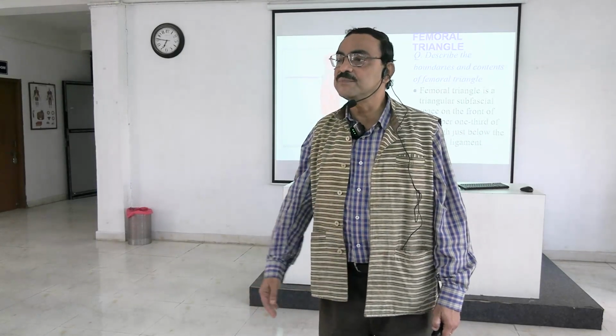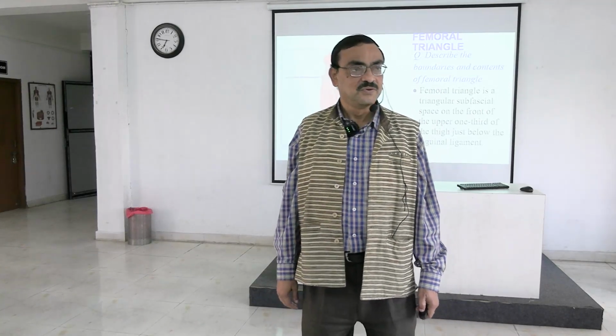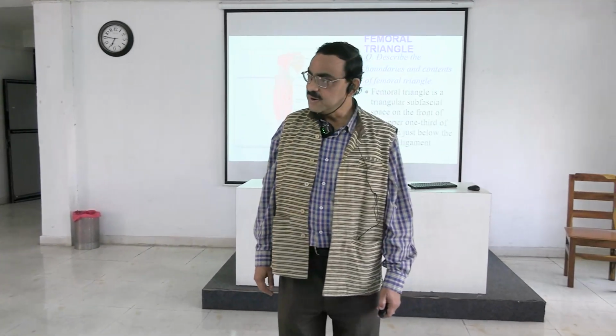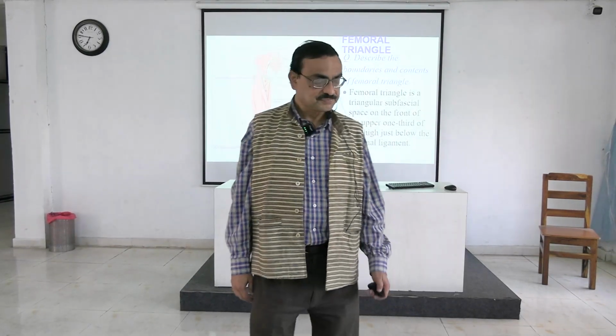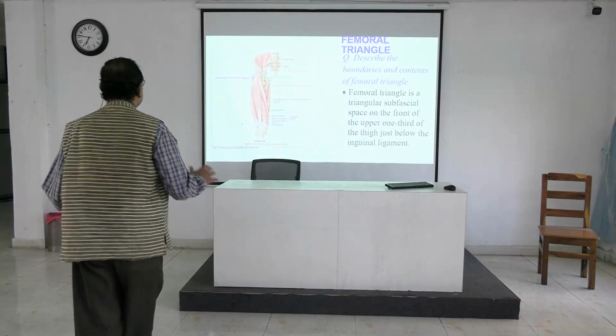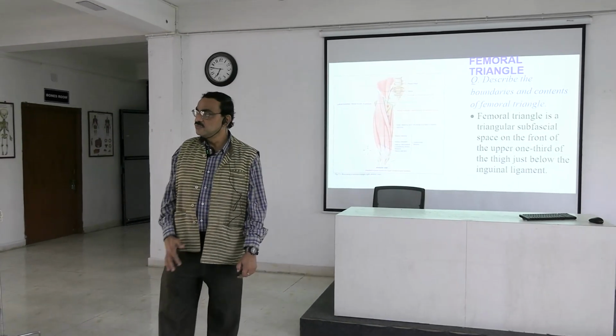And the lateral part of the muscle is supplied by the femoral nerve. So it's a hybrid muscle. Clear? So we can appreciate the roof, we can appreciate the floor.